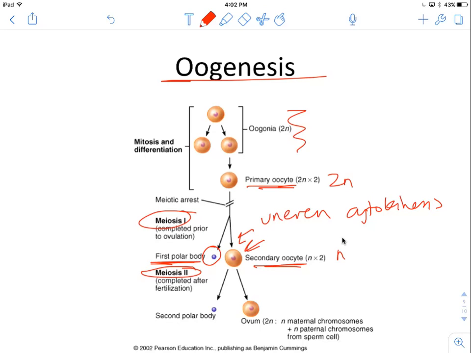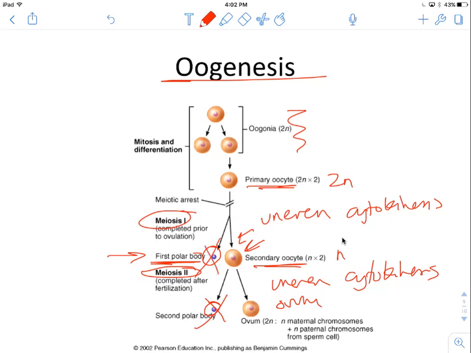Okay, this happens. Again, we get another uneven cytokinesis, and to produce an ovum, okay, with all the cytoplasm, you get a second polar body. Sometimes this first polar body will undergo meiosis 2 and you'll get 3 polar bodies, but 2 polar bodies, 3 polar bodies, it doesn't matter.